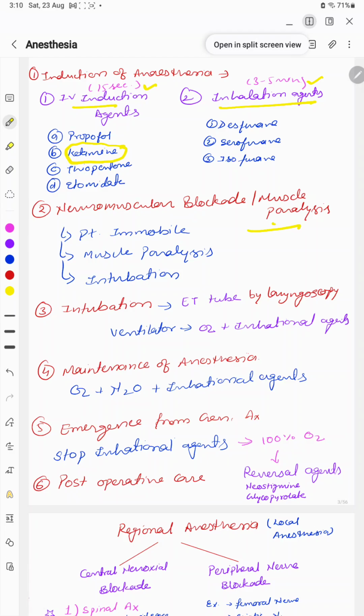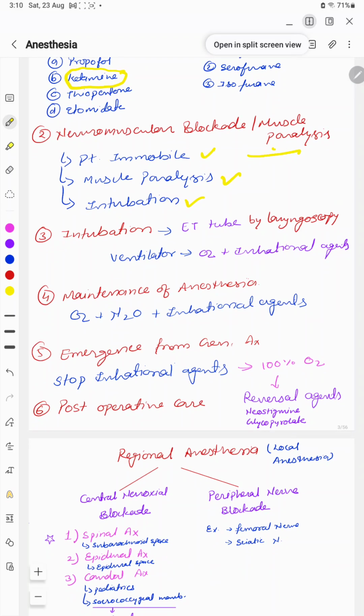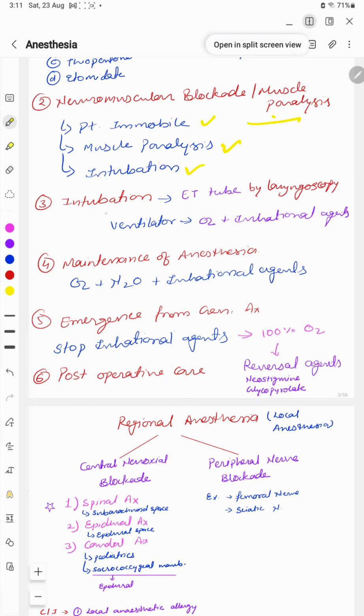blocks the neuromuscular junction, and after this the muscle will get paralyzed. And what happens when the muscle is paralyzed? The patient becomes immobile and the muscle is paralyzed, and we can do intubation easily. What is intubation?